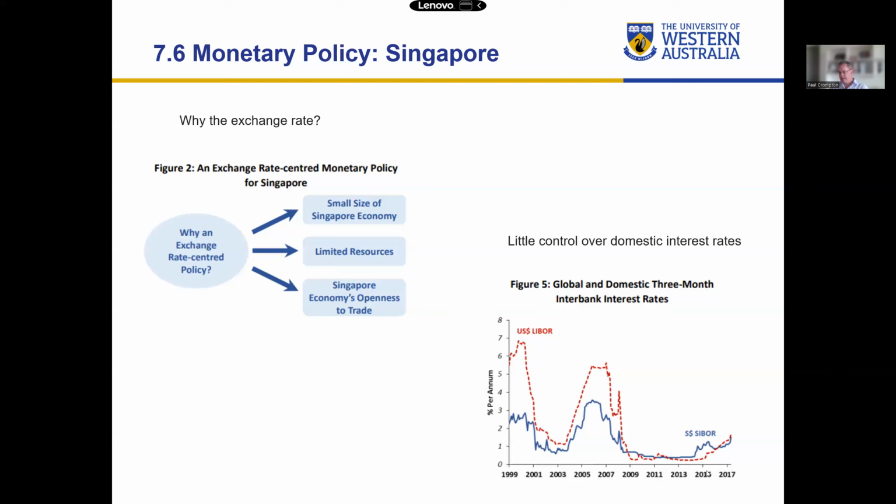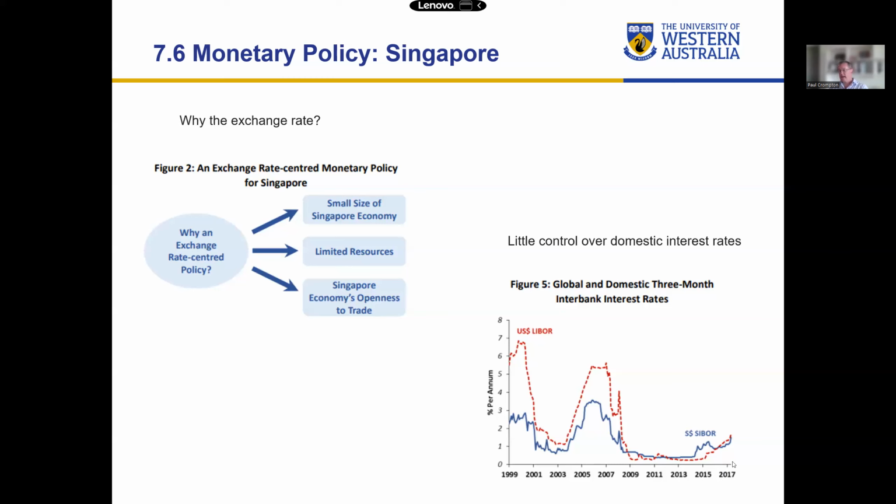So for example, let's have a look from 2015 through to 2017. In 2015, we saw interest rates in the US begin to rise, moving towards 2%. Now let's just imagine that interest rates in Singapore had stayed at about 0.5% like they were in 2014 and maybe began to decline to zero.